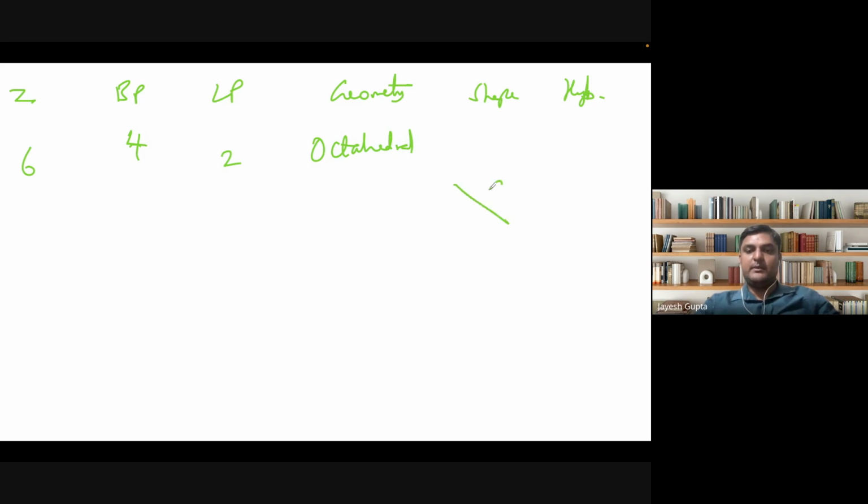For the shape, you can see there will be 4 valencies like this, and 2 lone pairs you have to keep. So 1 lone pair above, 1 lone pair below. So what is the shape name? Can you tell?